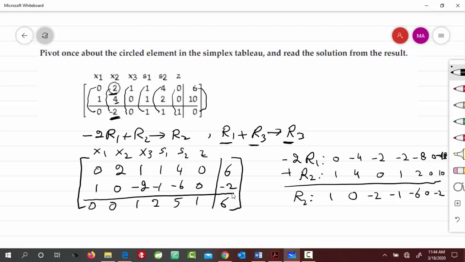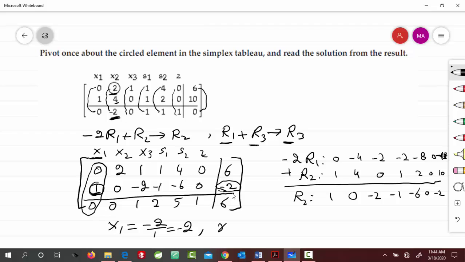So from here, if you see under the first column, under x1, you see that you have only one non-zero number. This is in the second row. So the value of x1 would be the last number in this row, negative 2, divided by this number here. So x1 is equal to negative 2 divided by 1, which is negative 2.